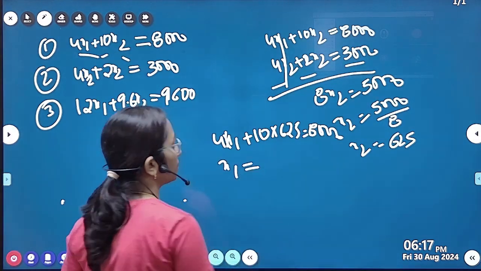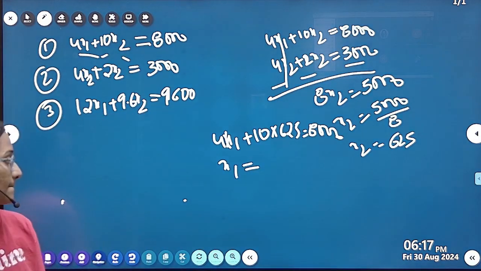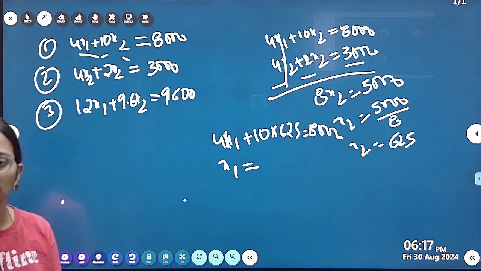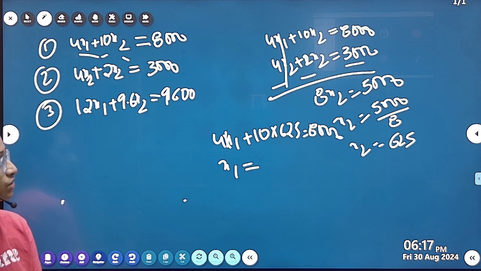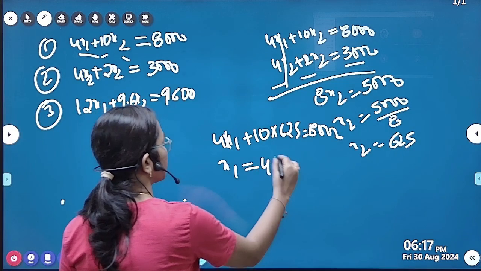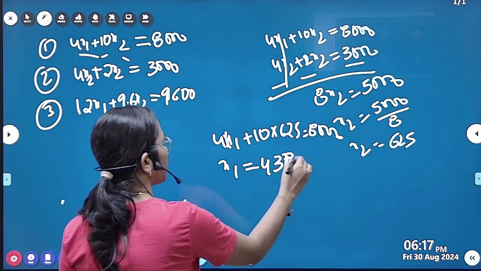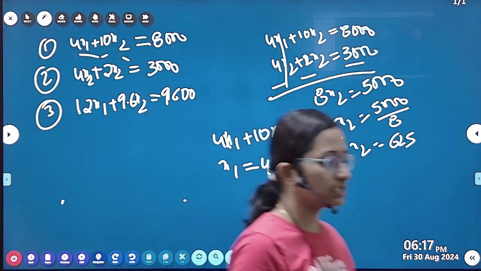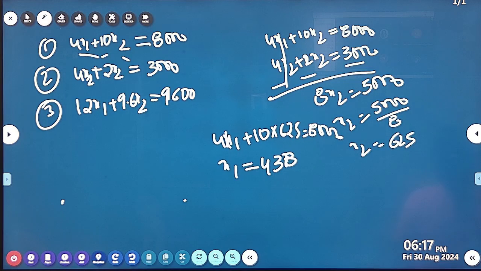Tell me the x1 value. 625 into 10 minus 8000, that divided by 4. 437. 438, right? Make it as 438. So these are the exact accuracy values. Clear?